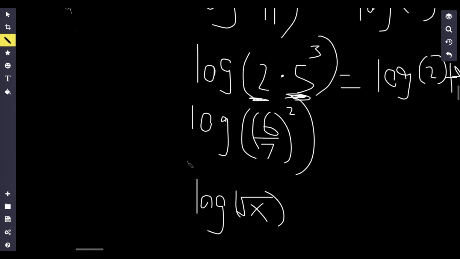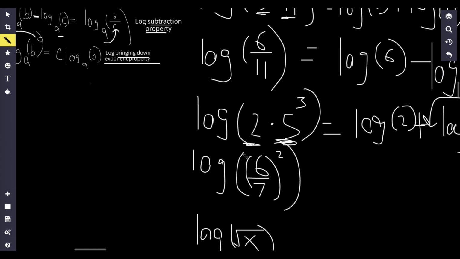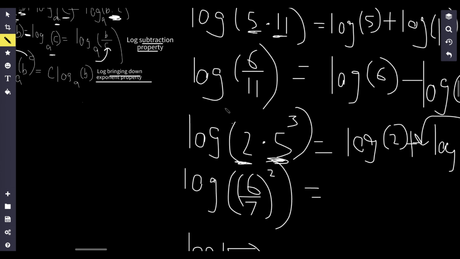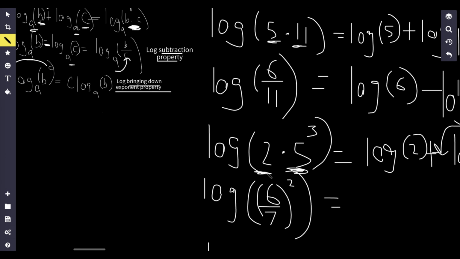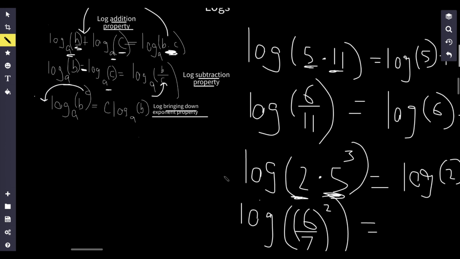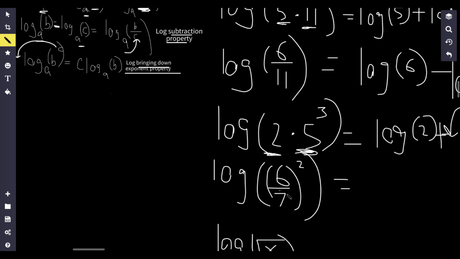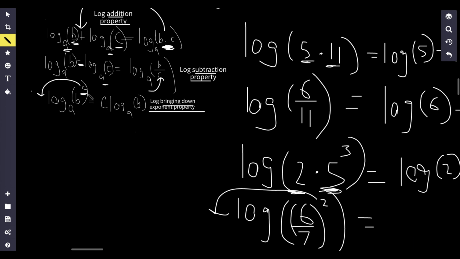Next one, I have log base 10 of 6 over 7 to the second power. What is this going to be equal to? One thing I can do immediately is bring down the exponent, because it's going to be annoying if I expand it out by squaring everything.